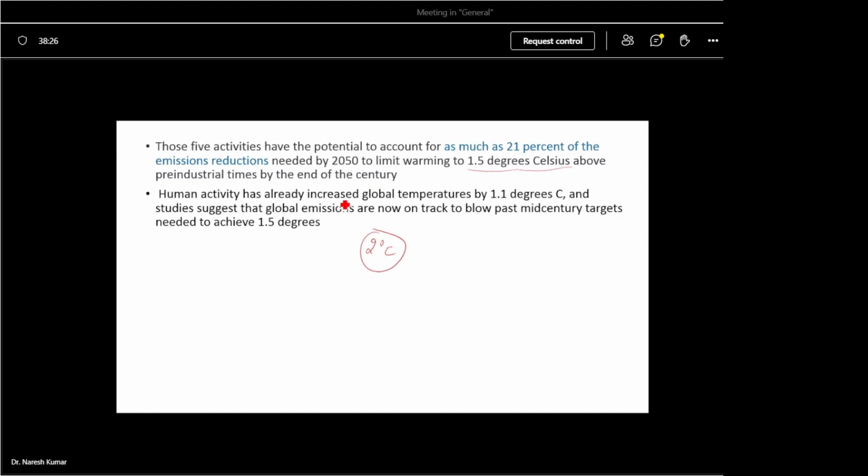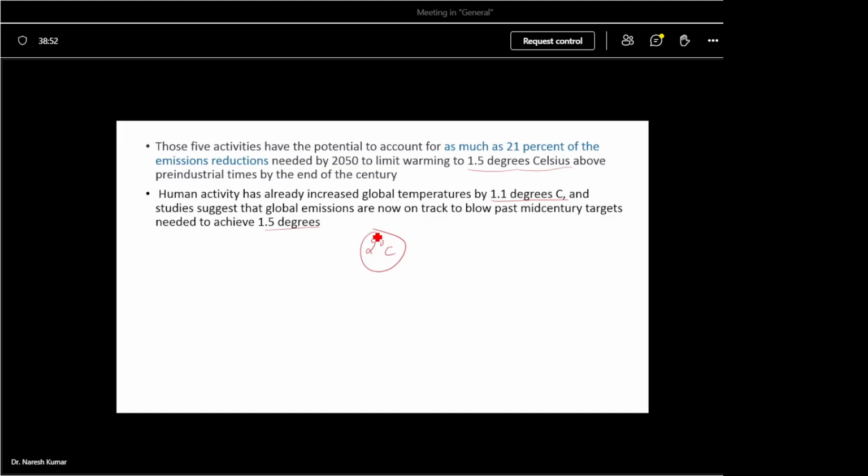Human activity has already increased global temperatures by 1.1 degrees Celsius. Studies suggest we are on track to blow past the mid-century targets needed to achieve 1.5 degrees. That means countries are setting targets, say for the next 30 years, to control greenhouse gas emission, which in turn will help limit the change.